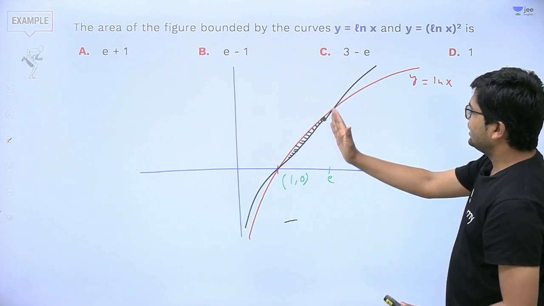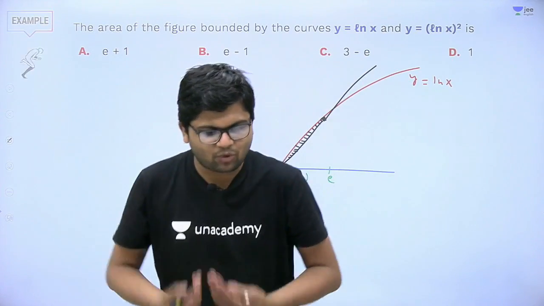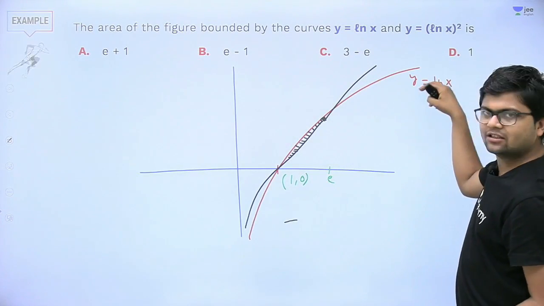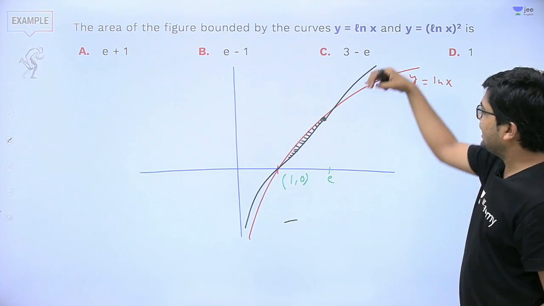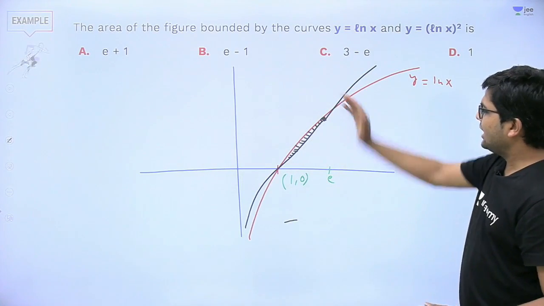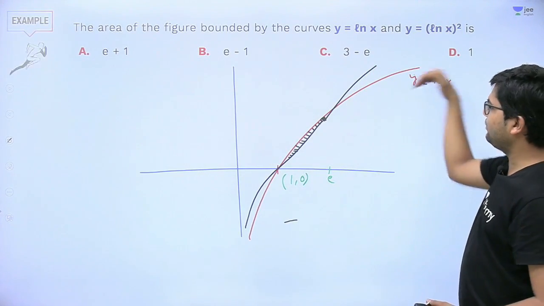After e, ln x becomes a value greater than 1. So if you square it, then that value will become greater than ln x. So between 1 to e, (ln x) whole square is smaller than ln x. After e, (ln x) whole square is greater than ln x.